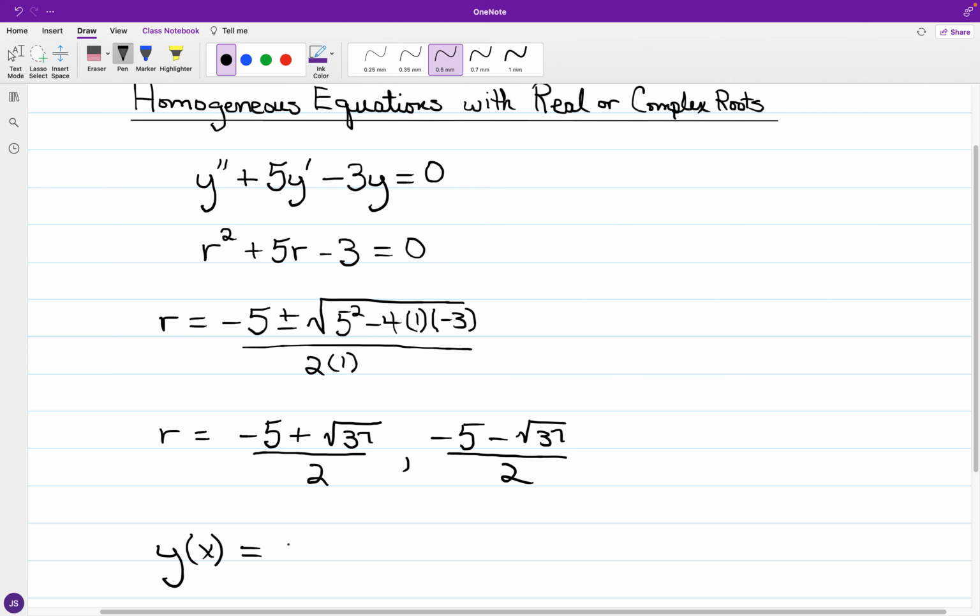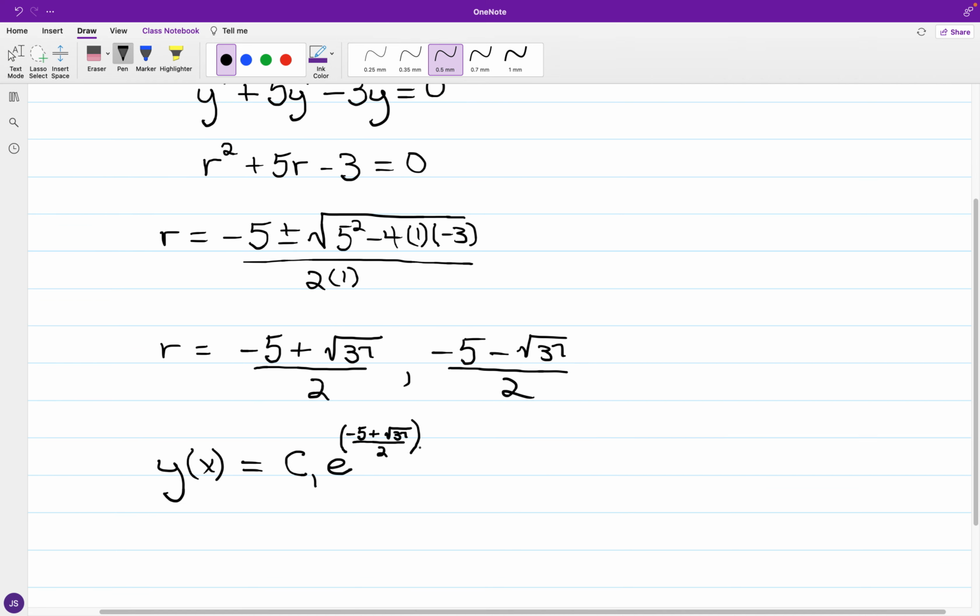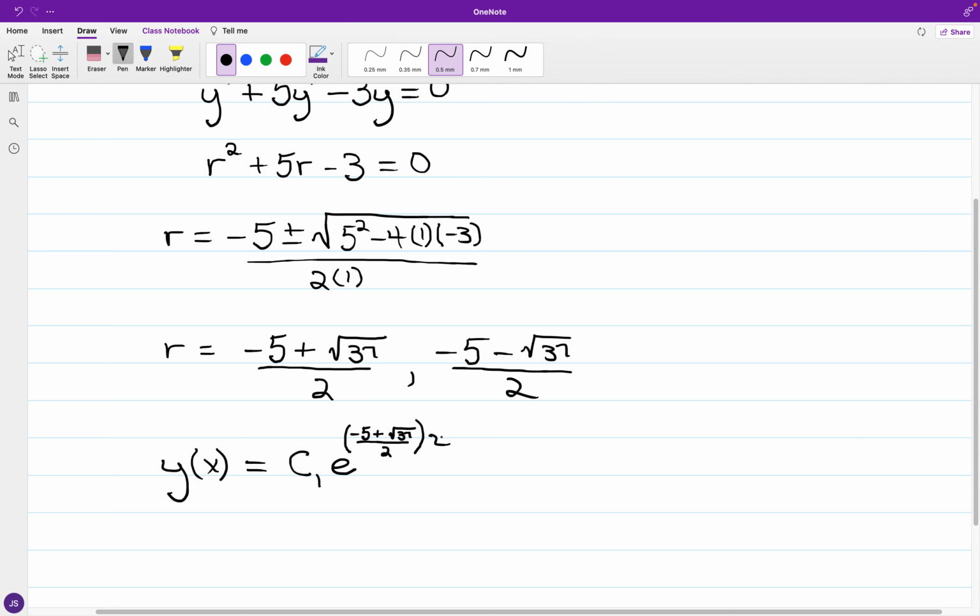So we take y of x equal to c sub 1 times e raised to negative 5 plus the square root of 37 all over 2, multiplied by x, plus c sub 2 times e to the other root times x.